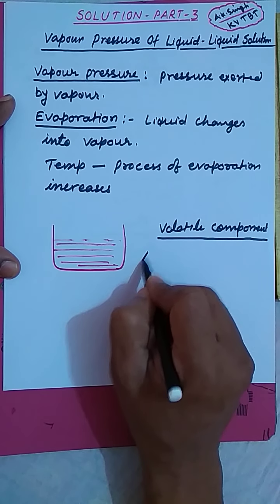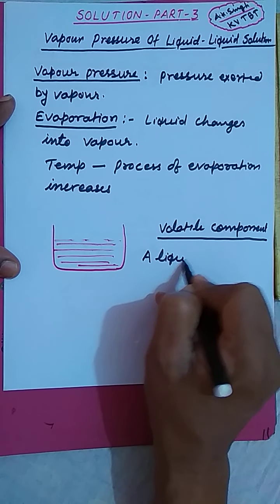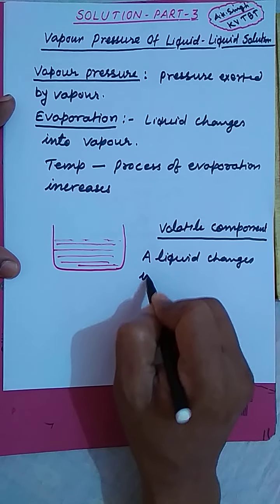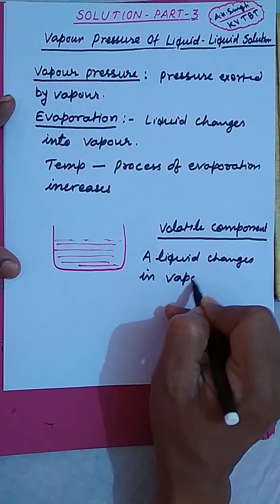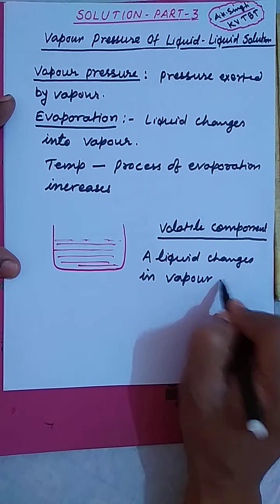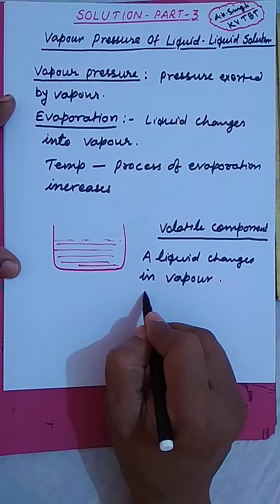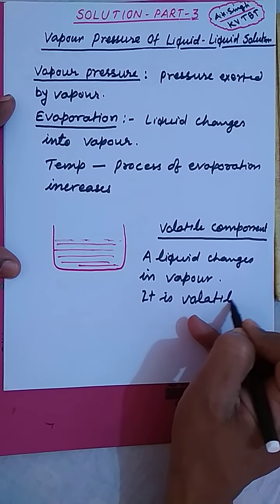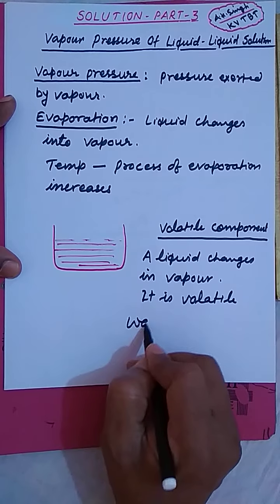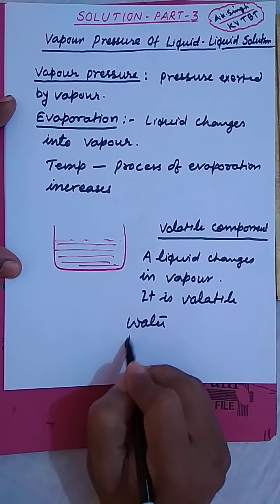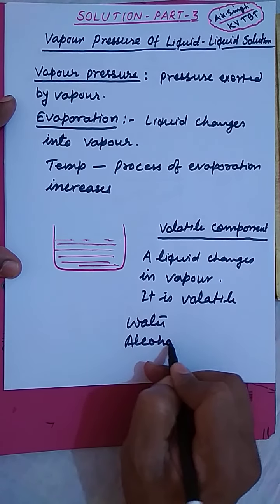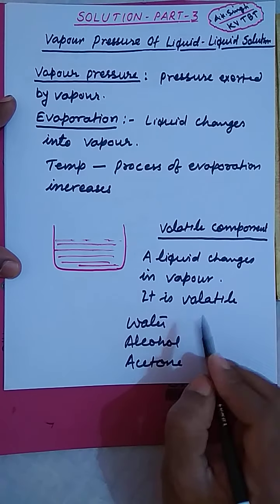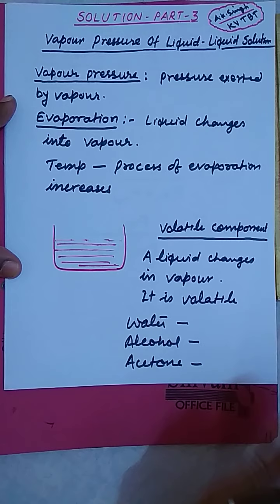That means if a liquid changes into vapor, you can say it is volatile. For example, water is volatile, alcohol is volatile, acetone is volatile. These all are volatile.